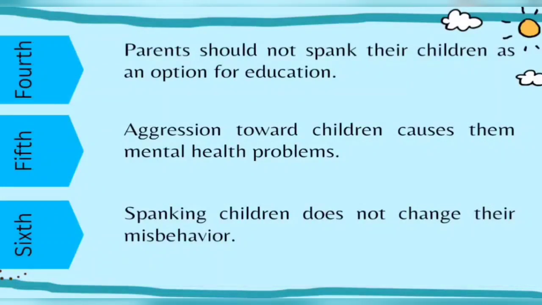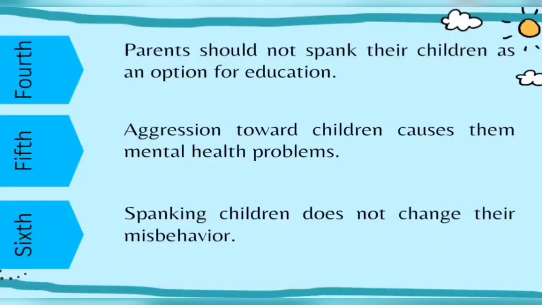Now that you have already chosen a position for your essay, the first thing to do after that is to choose three major points that will help to clarify our position.